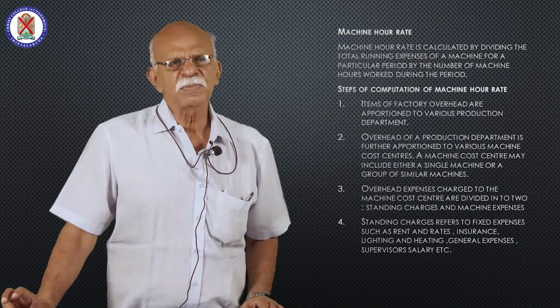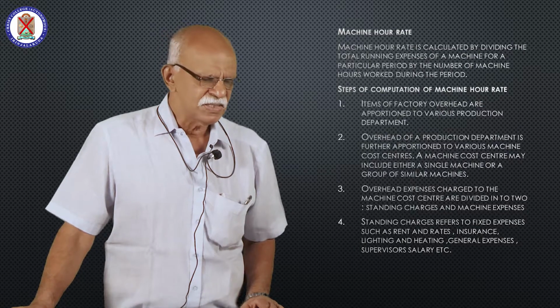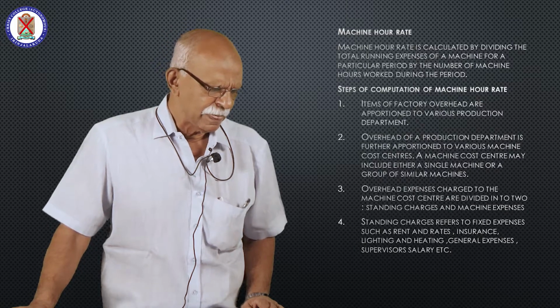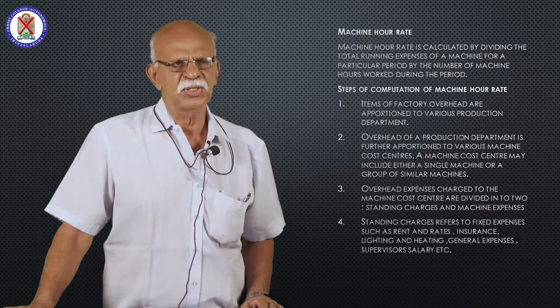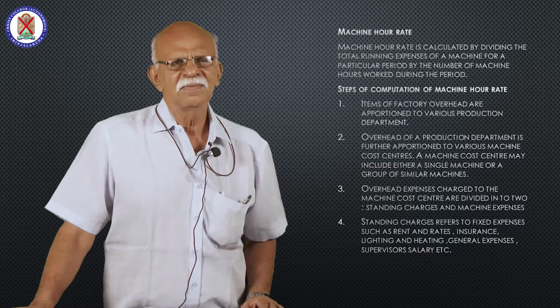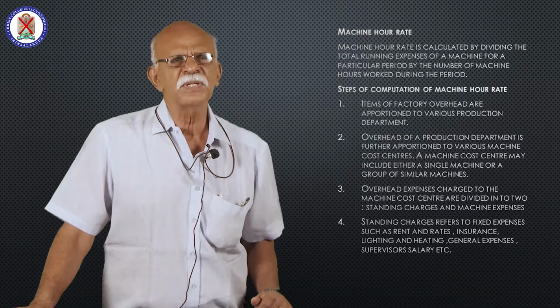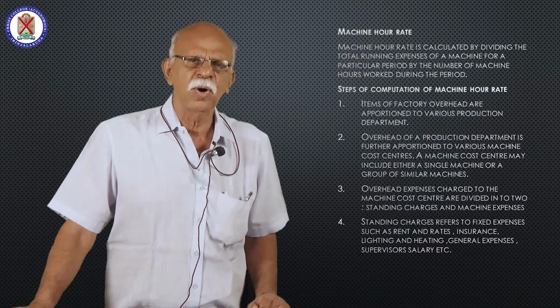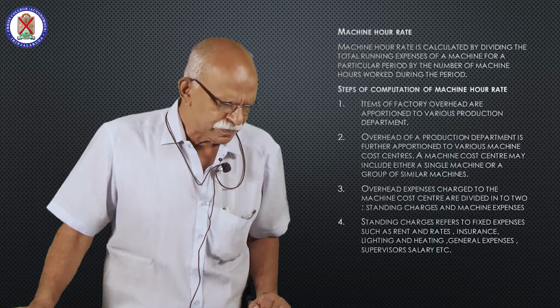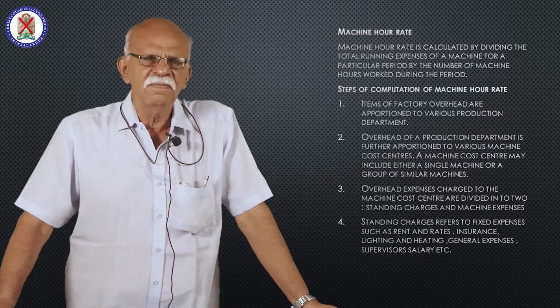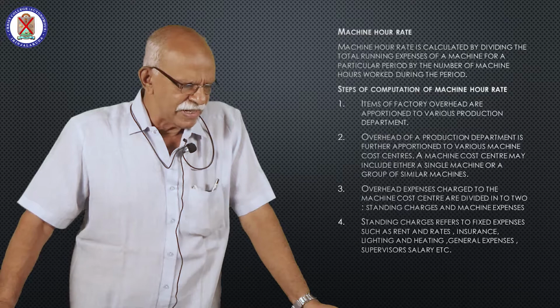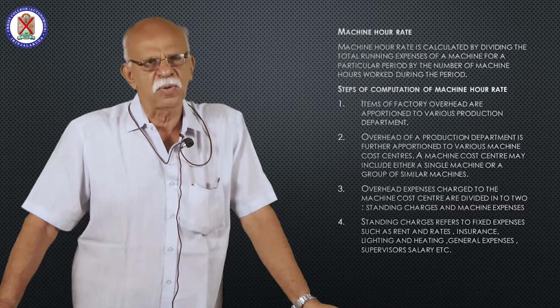There are 2 types of machine hour rates: one is the simple machine hour rate and the other is the comprehensive machine hour rate. What is the difference between them? In the simple machine hour rate, we take all expenses except the wages paid to the machine operators.